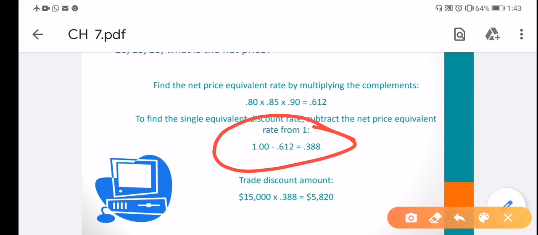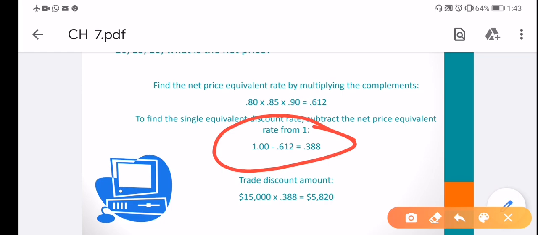After we calculate the complements and multiply them, we get 0.612, and this value multiplied by the original list price gives how much I should pay.